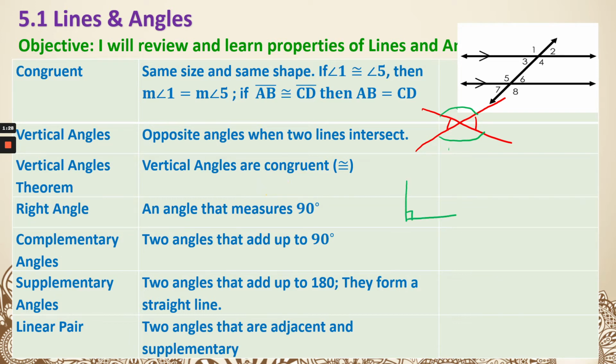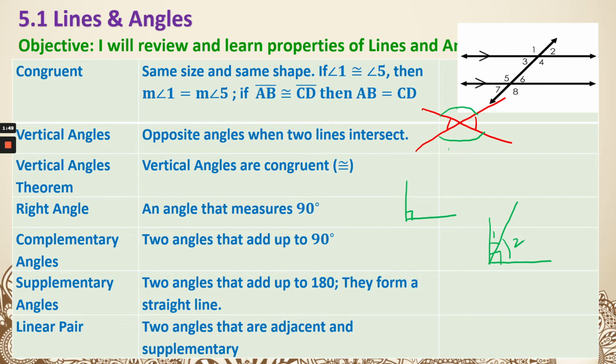Next, complementary angles, two angles that add up to 90 degrees. So say this is 90 degrees, and we have angle 1 and angle 2. They are complementary because they add up to this 90 degree angle. Next, supplementary angles, two angles that add up to 180 degrees, and they form a straight line.